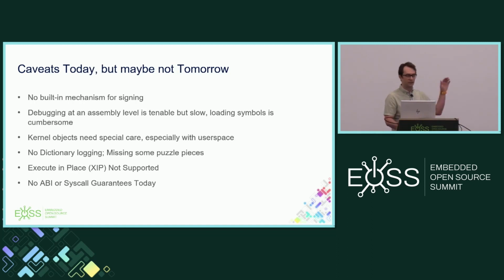It would be nice if those syscall IDs remain the same. Going a step further, creating an ABI would be quite nice. So you could update your base firmware and keep your extensions the same without having to rebuild them necessarily.